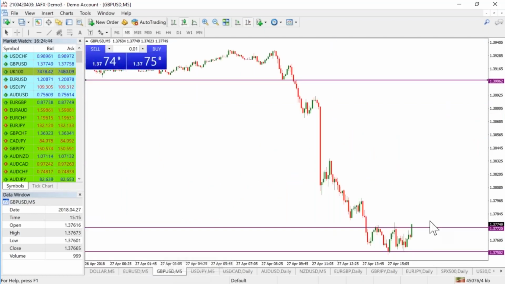Buy it anywhere around this level now, 37.72, placing your stop loss below the 37.50 level, and maybe capture a pullback up to these levels. But just expect a considerable amount of volatility in this market.